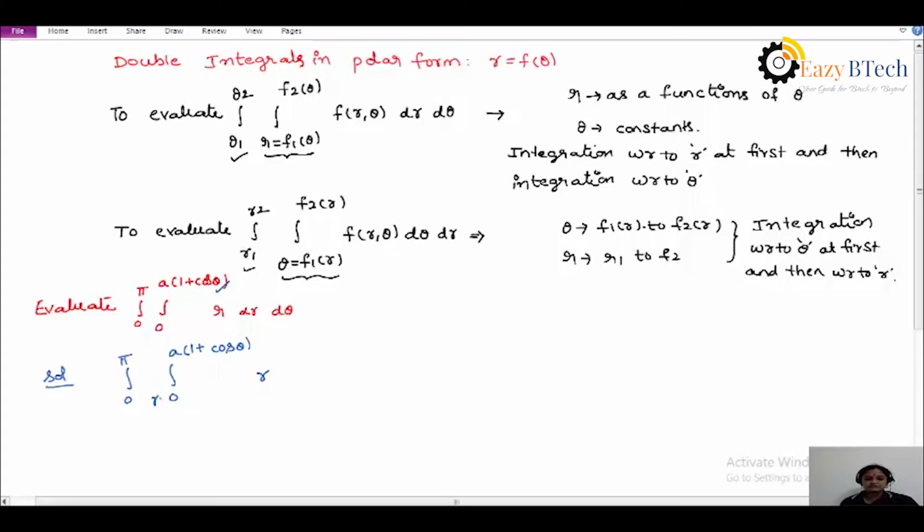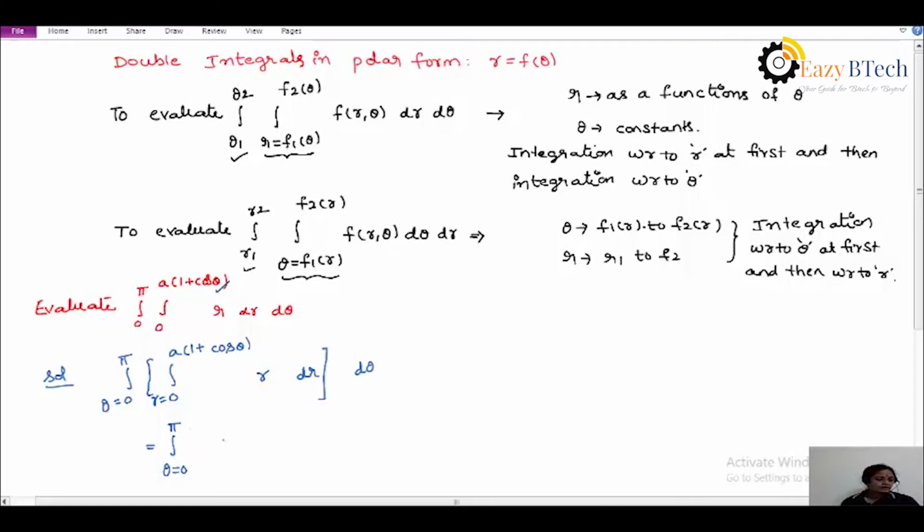That means the first limits are r limits and the second limits are theta limits here. Then at first we have to do the integration with respect to r, and then with respect to theta. The second integration is theta, from 0 to pi.